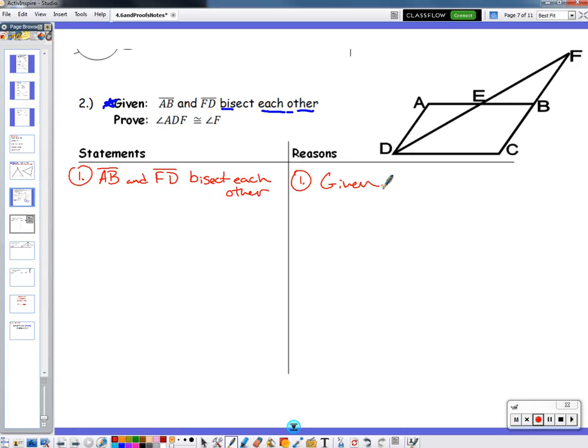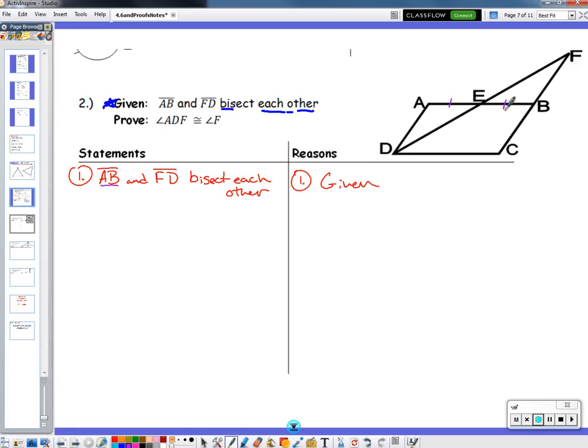Now, I need a hand here. If I look at this first statement, what kind of information do they give you in this first statement that leads you to your next statement? Since AB and FD bisect each other, I can look at AB, and I can say that AE is congruent to EB.